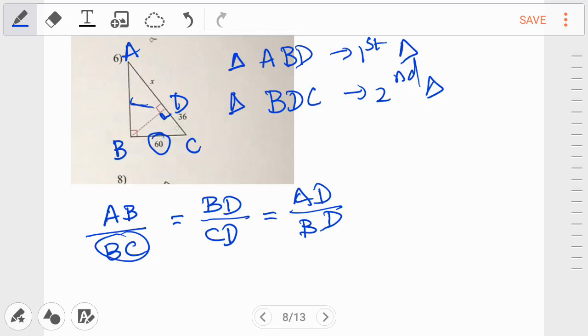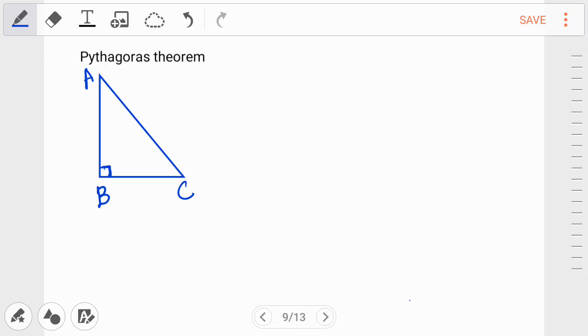Well, we have 2 sides already given. You can find BD by the golden rule of all right-angled triangles, which is the Pythagoras theorem. So if you do not remember Pythagoras theorem or you want a refresher, let's go into it. So over here we have a right-angled triangle.